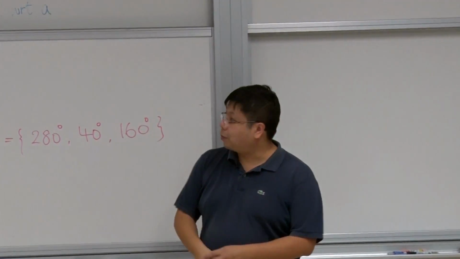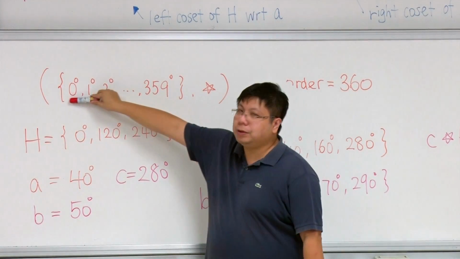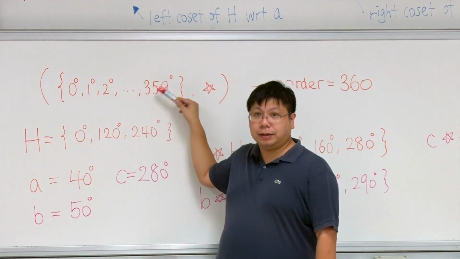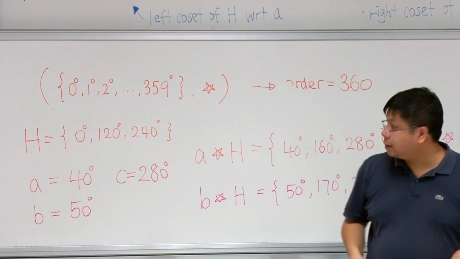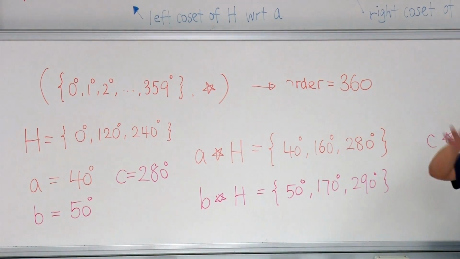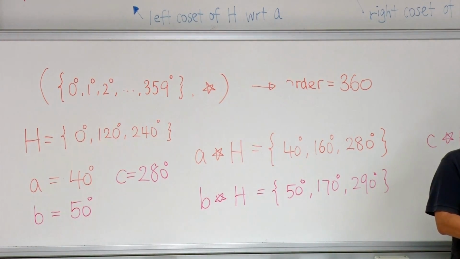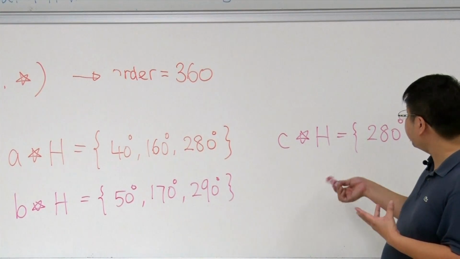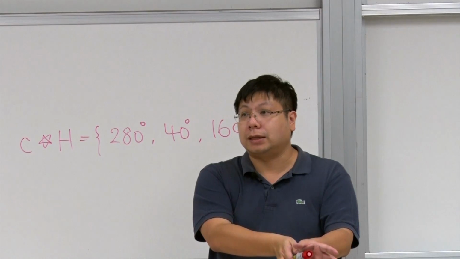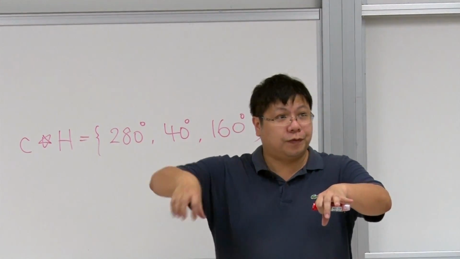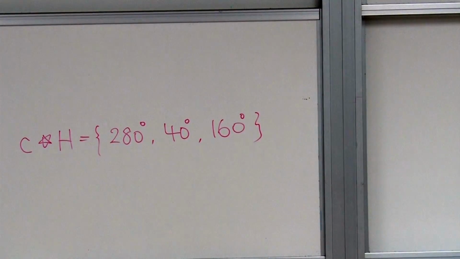If this is true, then the items of the original set A are going to be partitioned into different cosets. So 40, 160, 280 in one coset, 50, 170, 290 in another coset, right? And then 121, 241 in another coset.